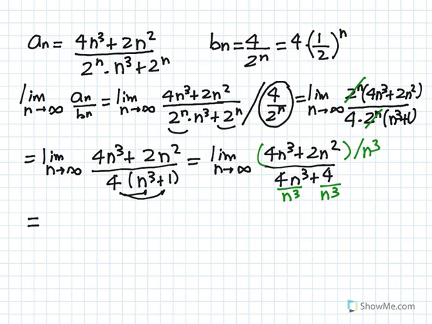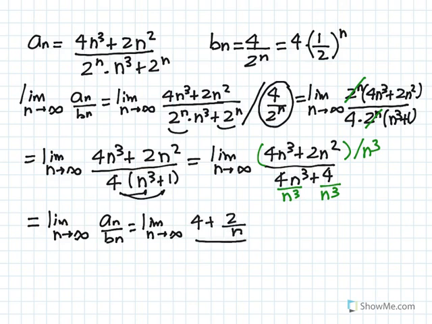We're going to get the limit as n approaches infinity of an divided by bn equal to the limit as n approaches infinity of, in the numerator, 4n cubed divided by n cubed, which gives 4, plus 2 over n. In the denominator, we get 4 plus 4 divided by n cubed. Now, when n goes to infinity, 2 over n approaches 0 because we have a constant divided by something growing to infinity.